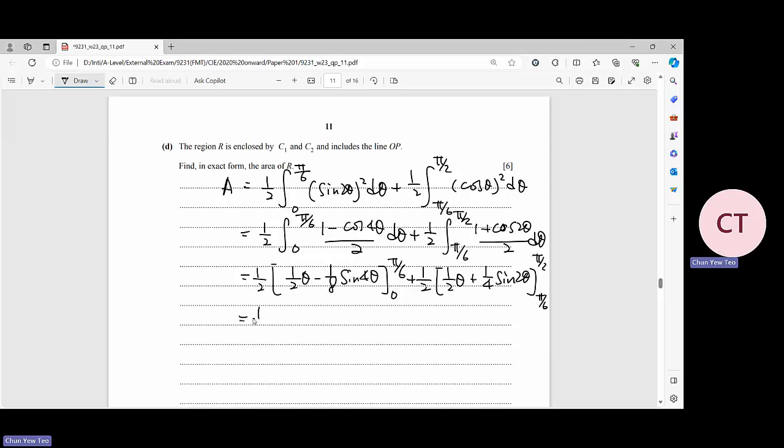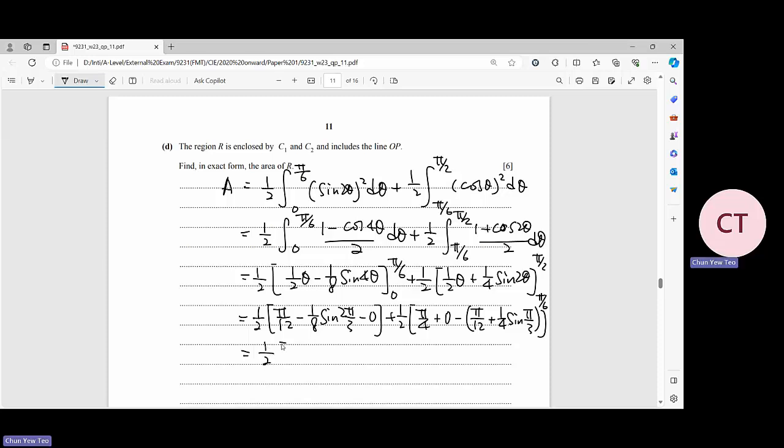Then substitute pi over 6 inside. You get pi over 12 minus 1 over 8 of sine 2 pi over 3, minus 0. This one will be pi over 4 plus 0, minus pi over 12, plus 1 over 4 of sine pi over 3. Okay, so now you simplify them.